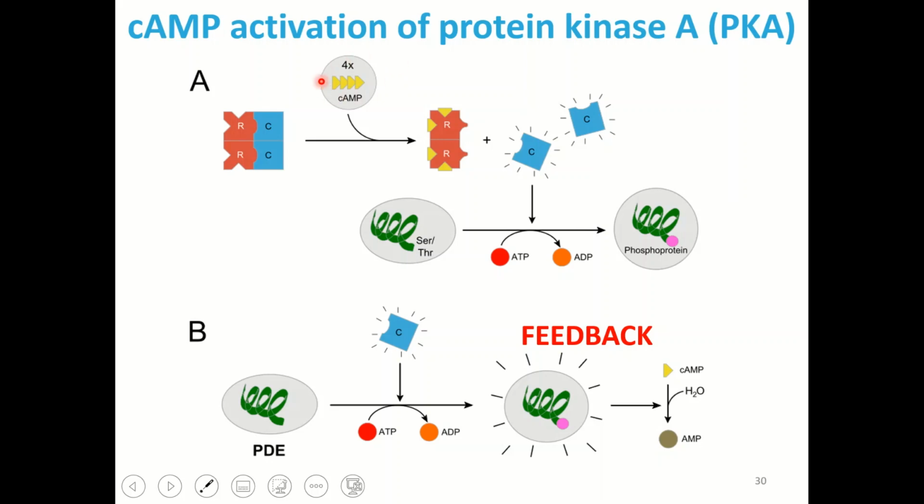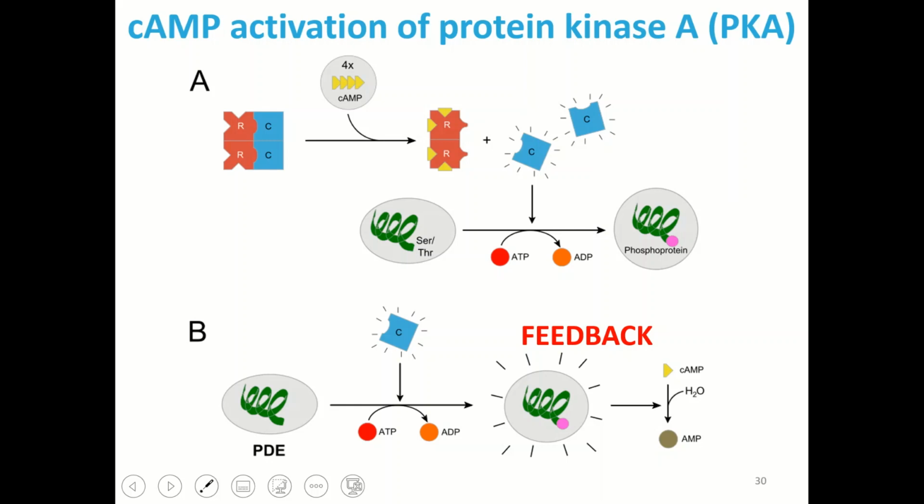Four cyclic AMPs would then go on to release 2 active PKA catalytic sites. That is the reason that, when we are talking about the signal amplification, that step between cyclic AMP and PKA, we actually went down by a factor of 2. That's because we need 2 cyclic AMPs to activate 1 PKA.